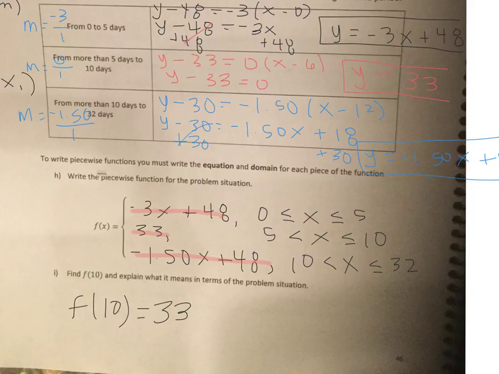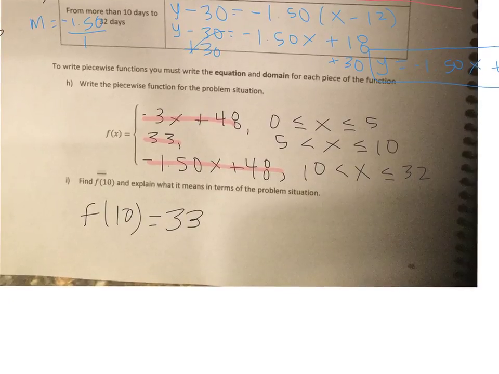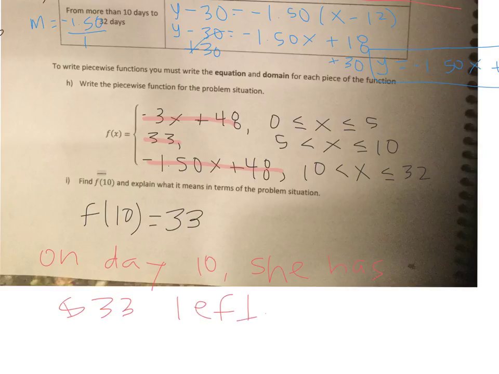At day 10, did she have $33? Yes, she did. Okay, it says explain what it means in terms of the problem situation. On day 10, she has $33 left.